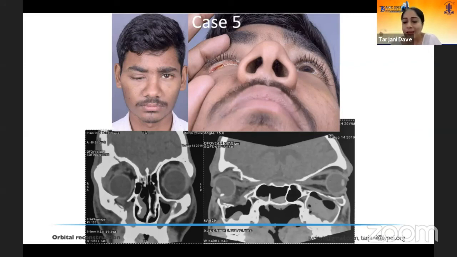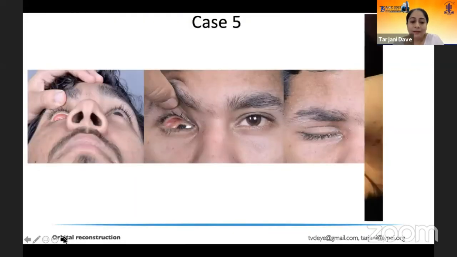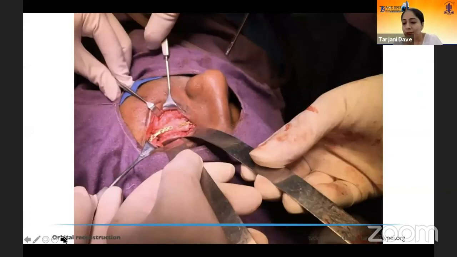And he had very poor vision as such from traumatic optic neuropathy as well. But then this globe went into phthisis bulbi. We had to perform a scleral tear repair after removing this piece of bone from the eye. And along with that, we also did the fracture repair.